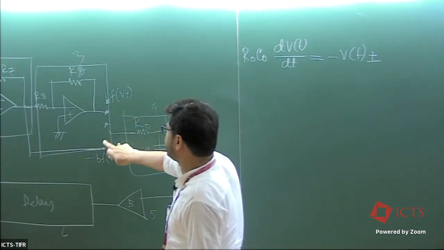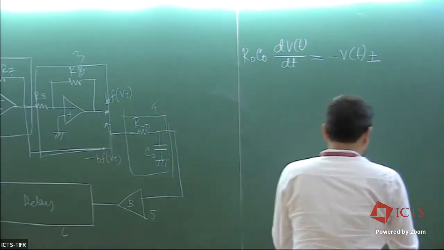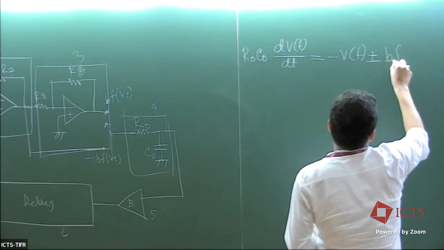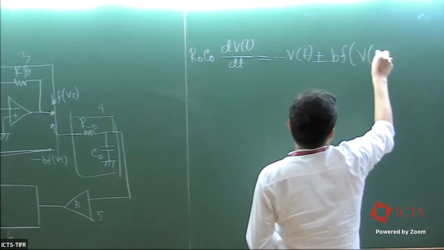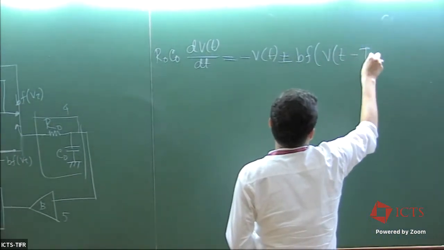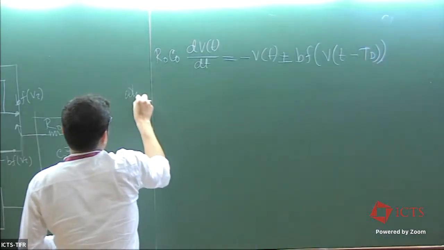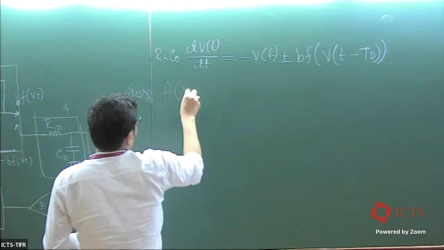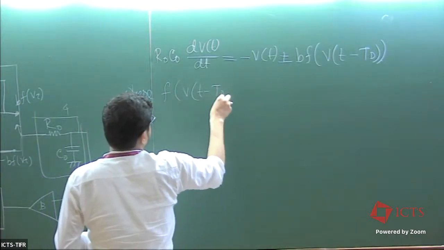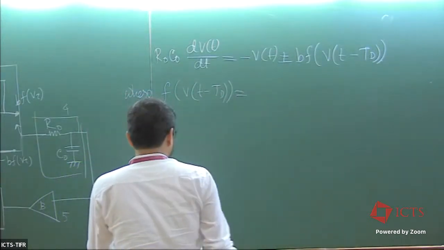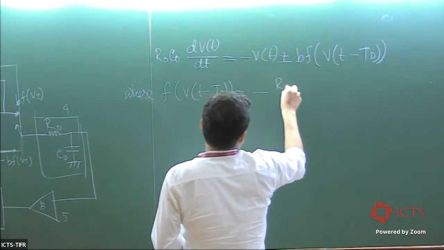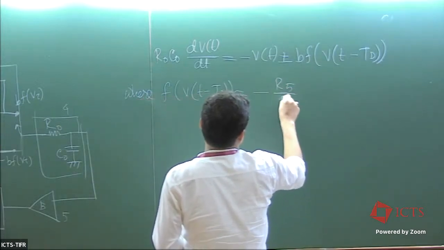If it comes here, then it is minus. So plus or minus B f of V(t minus Td), where f of V(t minus Td) reads R5 by R4.